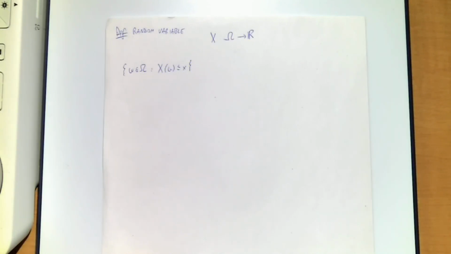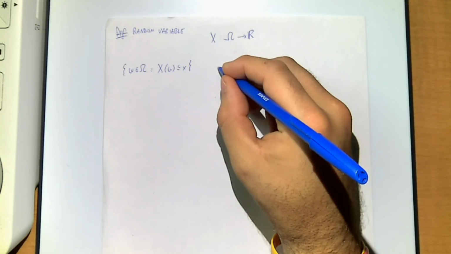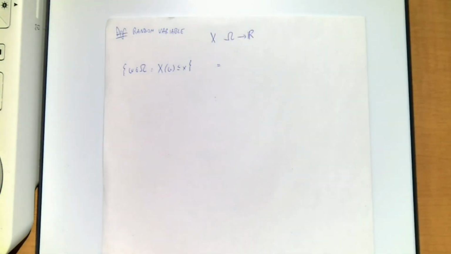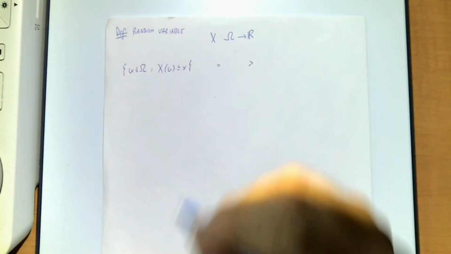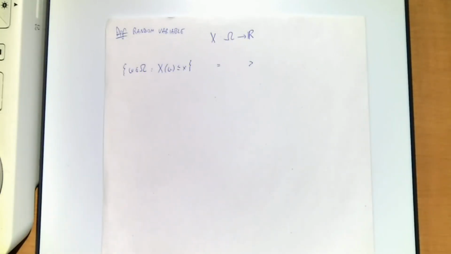Or say less or equal. Then we have the equal case, and then we have the greater case. So for example, if we fix a certain target x, we can count the event such that X(omega) is less than x, or exactly equal to x.